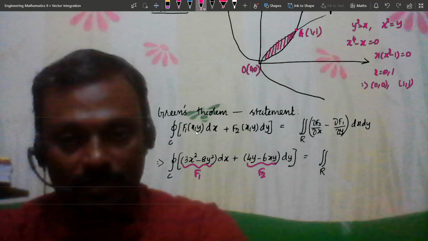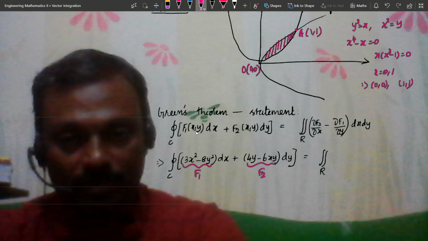So at the starting point we have x equal to y squared, and at the end point we have x equal to root y. So x varies from y squared to root y, and we have to move the strip from y equal to 0 to y equal to 1 to cover the entire region. So y varies from 0 to 1.